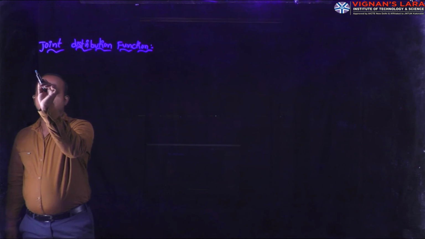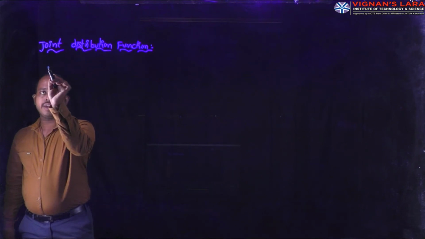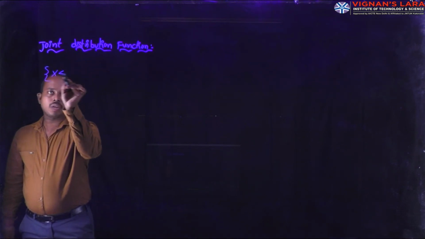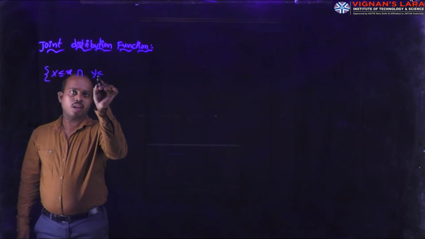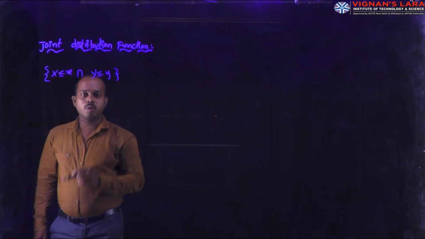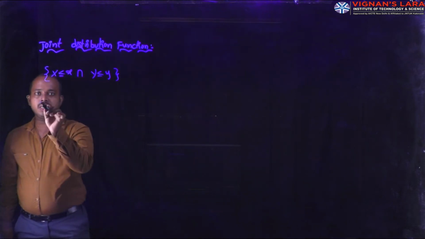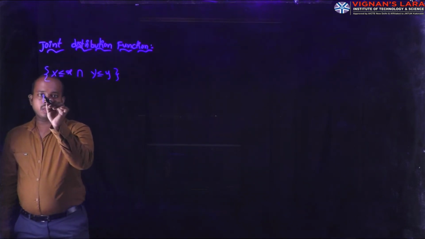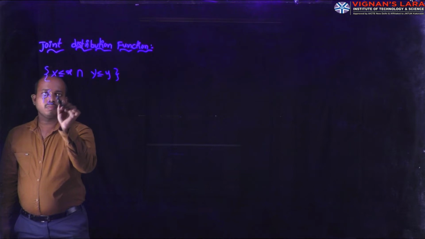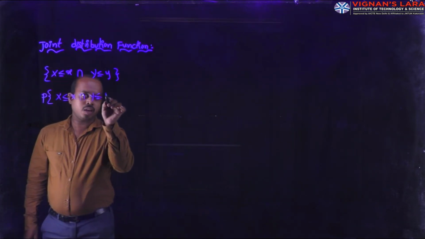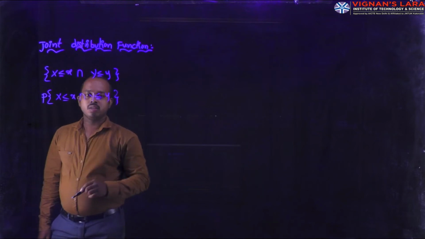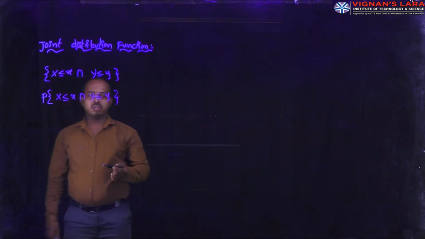Here I am writing the joint event as capital X less than or equal to small x intersection capital Y less than or equal to small y. Applying probability on this, this function we call the joint distribution function.